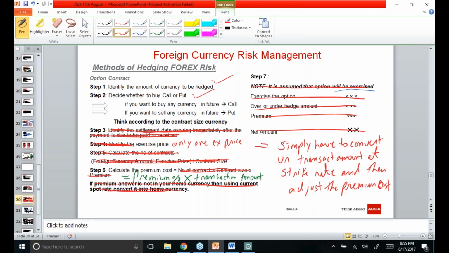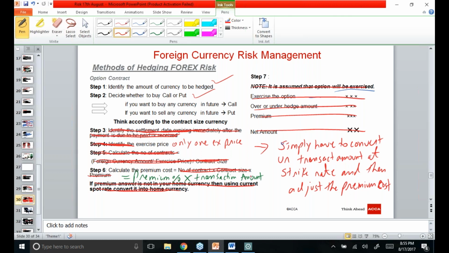It will be like this: simply convert your transaction amount at the strike rate and then adjust the premium cost. If it is a payment, premium will be added. If it is a receipt, premium will be subtracted.